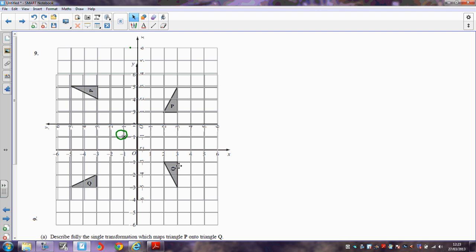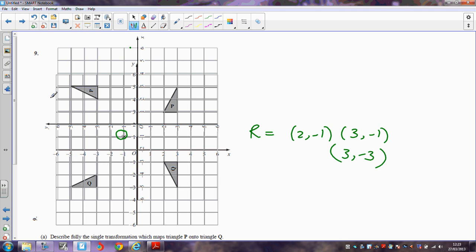So this is my R, and the coordinates of R are 2, minus 1, then 3, minus 1, and then 3, minus 3. Not particularly clear on mine.